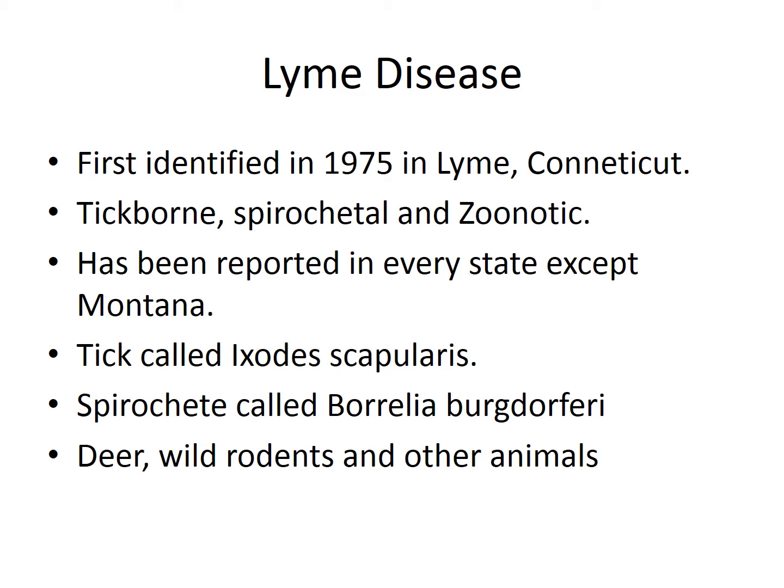Primarily, we always talk about it being a deer tick, but it can live on any wild animal such as rabbits, squirrels, rats. Up on the eastern coast where this was first transmitted, they primarily had a lot of deer out in the woods, and that's where they had determined that that particular tick lived.